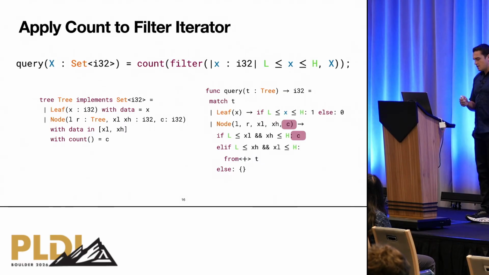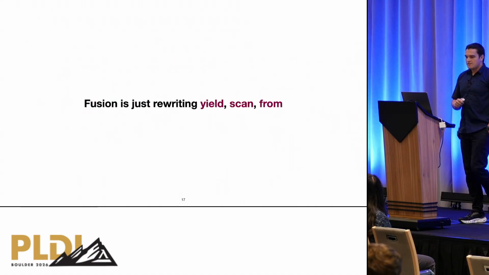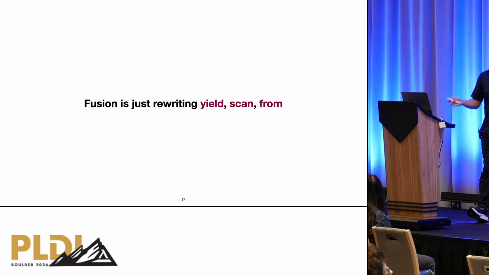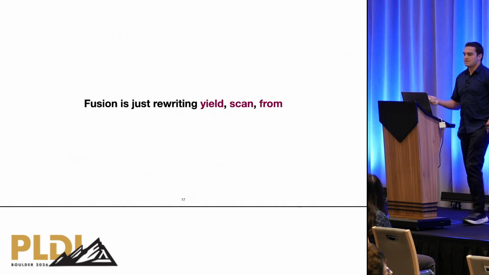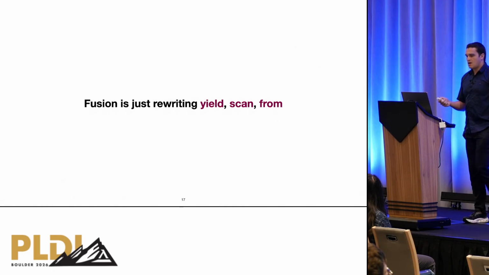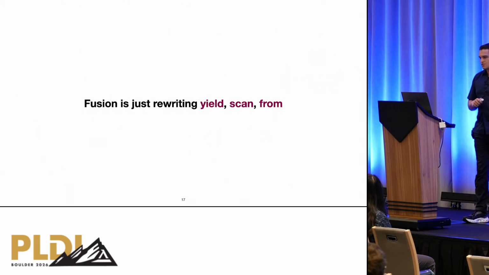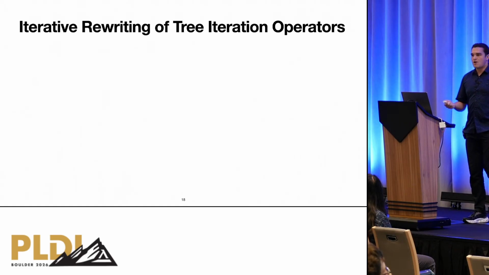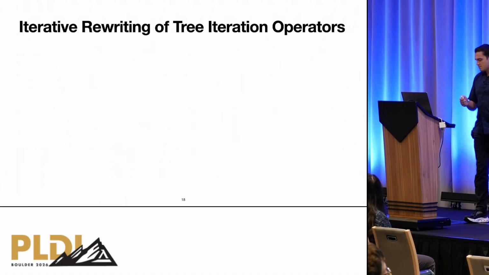And hopefully the intuition I'm giving you here is that fusion in Bonsai is a simple local rewrite of yields, scans, and froms. And that is exactly how the code generator is structured. So we iteratively rewrite these yields, scans, and froms.